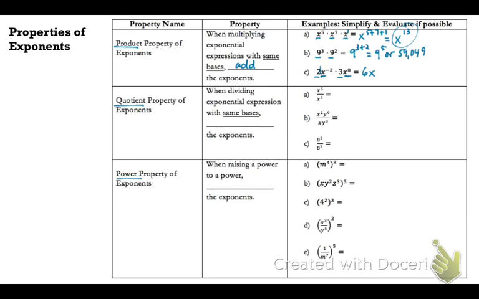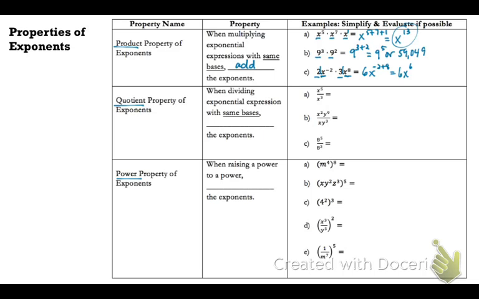Even though the 2 and the 3 look like they are connected, they actually aren't. They're just sitting next to them, multiplying. So we can take the powers, negative 2 and 8, and we can add them. So 6x to the 6th power. And that's all we can do with that. So that's in simplified form.